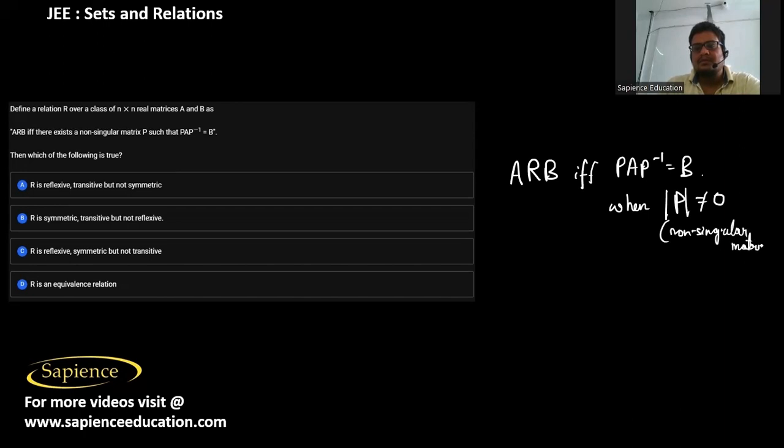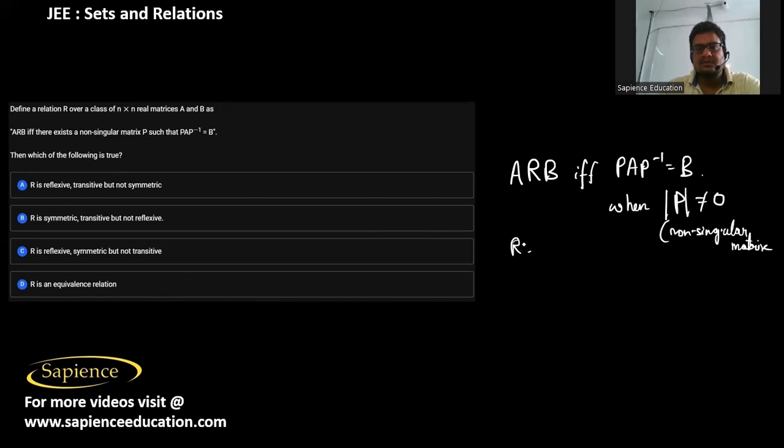Now we have to check if this relation R is reflexive, symmetric, or transitive in order to find if it is an equivalence relation or not.